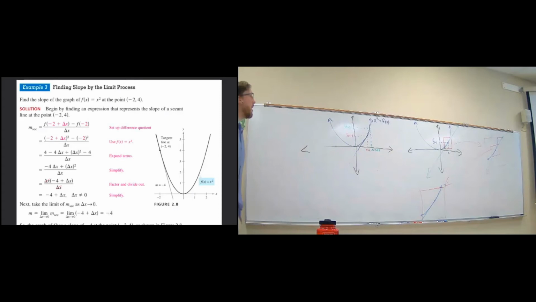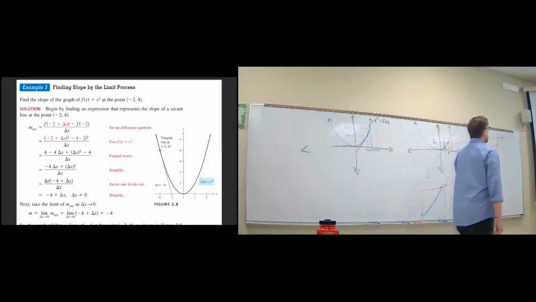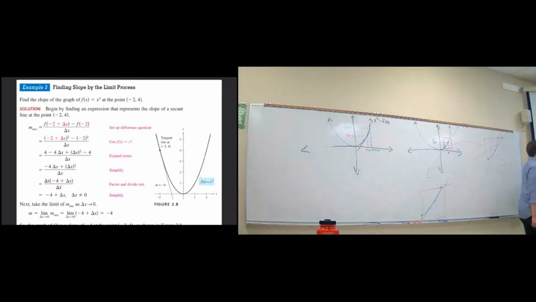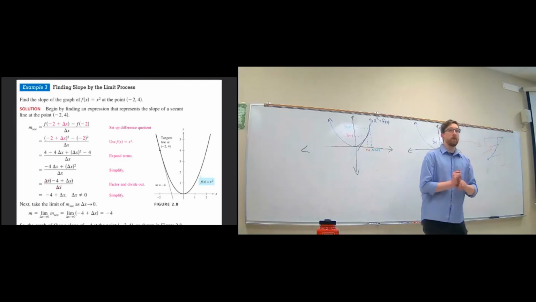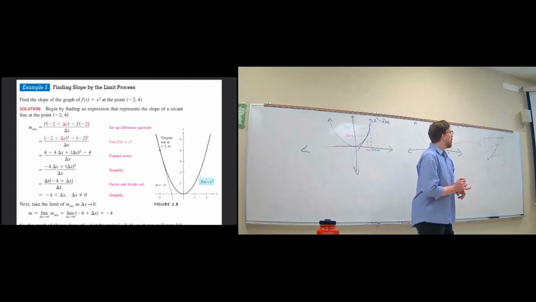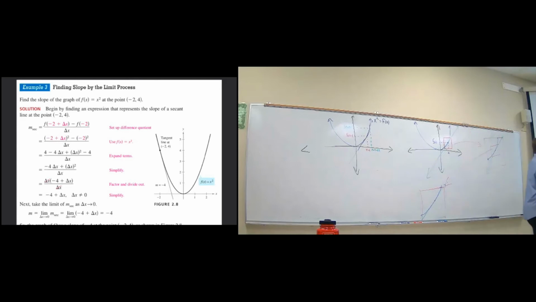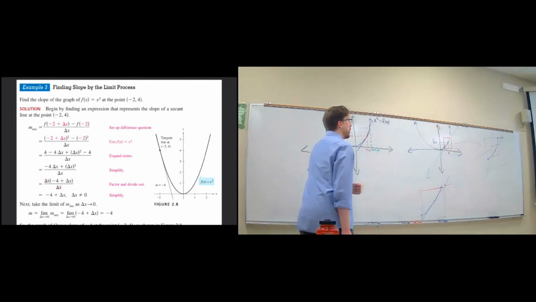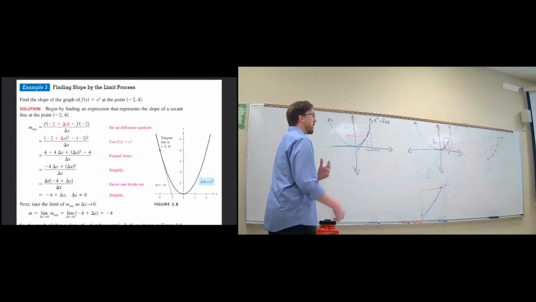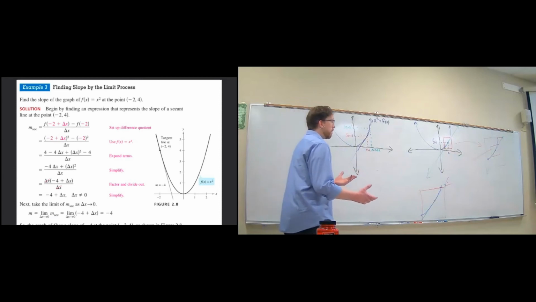So, as one example of how we can apply this definition, let's say we want to find the tangent line to the function x squared at x equals -2. First thing we would do is find the slope, right? Well, the slope is equal to this as delta x goes to 0. So we take the limit as delta x goes to 0.